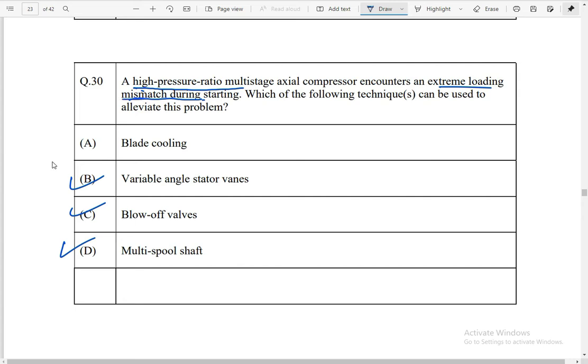Most of the effects will occur during starting at the extreme loading, and variable angle stators, blow-off valves and multi-spool shaft are the remedies. This is mentioned in one of the books, and from that book you can get the answer. It explains what will happen during this extreme loading.